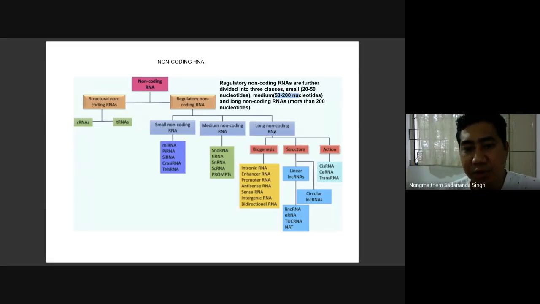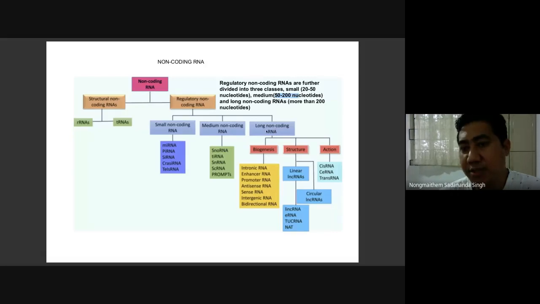In the case of long non-coding RNAs, some of them were discovered quite some time ago, like the X inactive specific transcript RNA that we discussed, which helps in X chromosome inactivation.